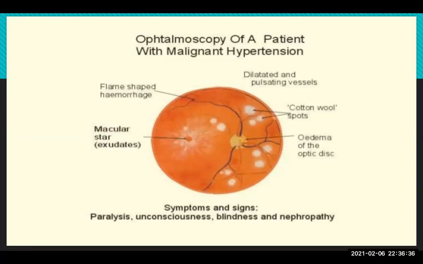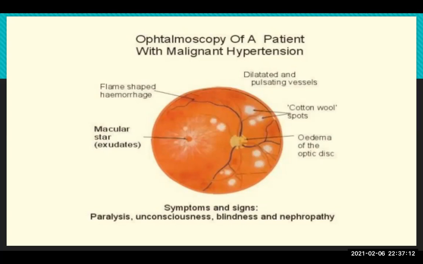It's an acute change. By the way, I saw such a patient last week in my clinic. He was not known to be hypertensive, but he experienced a severe headache with loss of vision, and he was accidentally diagnosed as hypertensive with a sudden rise of the blood pressure up to 220 millimeters of mercury systolic and 100 diastolic.